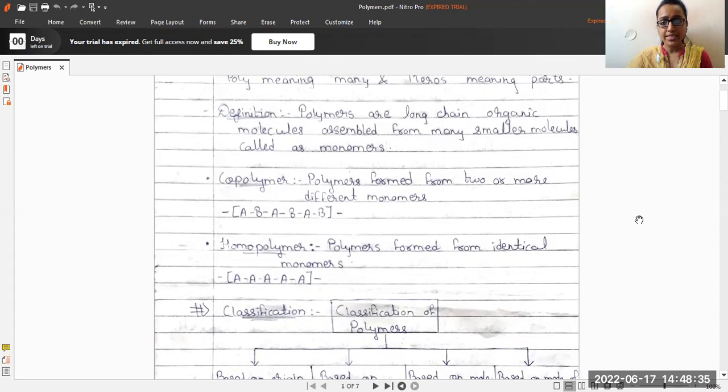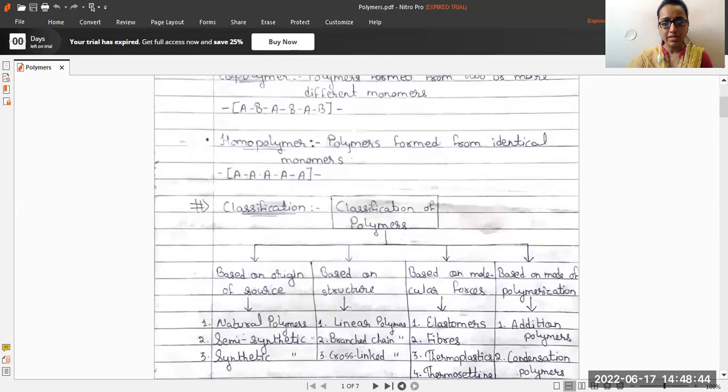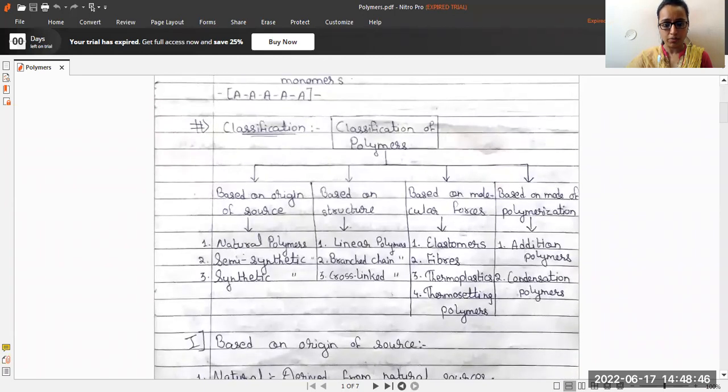And if the same type of monomers are connected to form a polymer, it is called a homopolymer, as shown in the example. Next, we will study the classification of polymers.